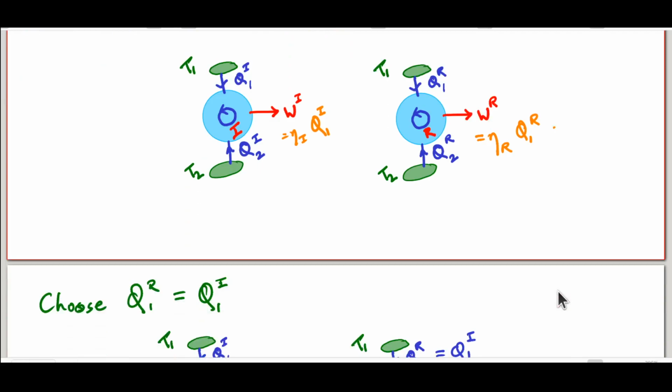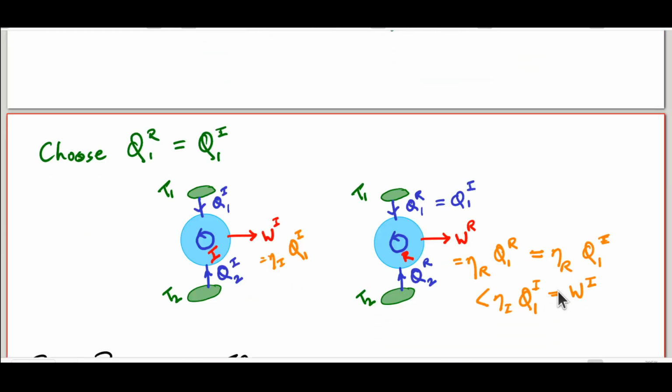Okay, now what we do is we can adjust the scale of the Carnot engine in such a way that the amount of heat it takes from the reservoir temperature T1 is exactly equal to the amount of heat the other engine takes in. So that's what we do now.